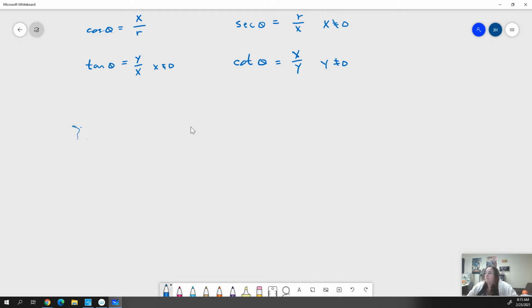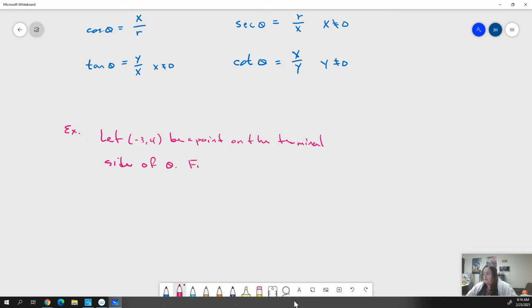So let's do an example. So let's let -3, 4 be a point on the terminal side of theta.